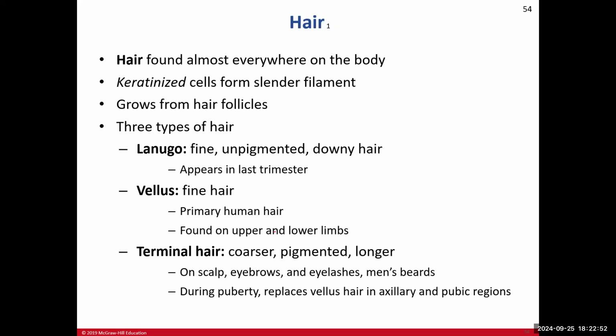So, 3 types of hair that you are going to find: lanugo, vellus, and terminal hair. The only time that you're going to see the first one listed up there, the lanugo, right, which is that unpigmented and really no color, really soft, downy hair, right, is going to be in a 3rd trimester baby, and you'll even see it on some babies when they're born.